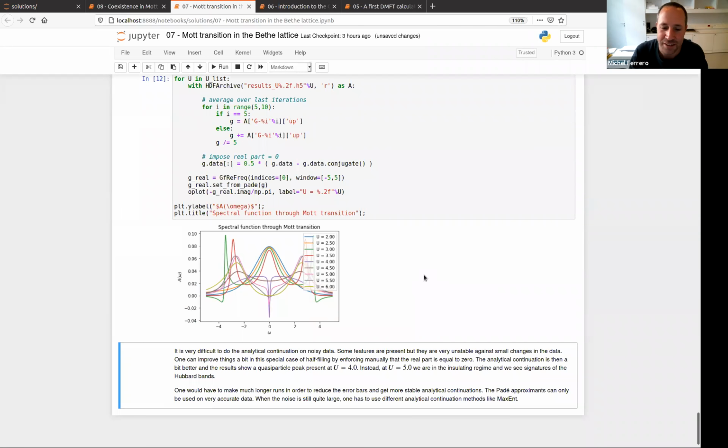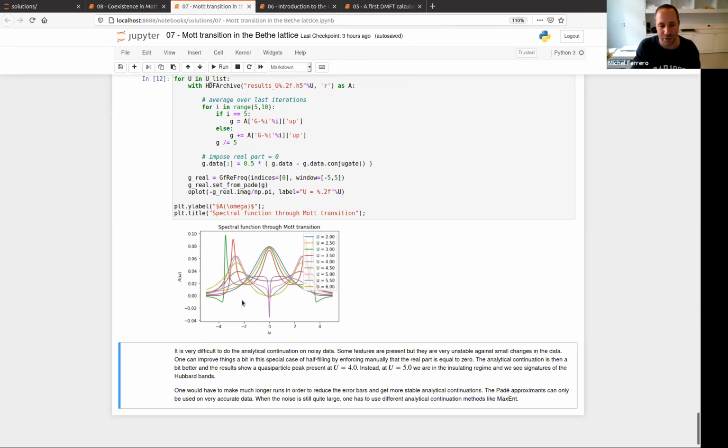I told you analytical continuation is something that is really difficult in practice and is not very stable, but sometimes it halfway works, and here it somehow works. At small values of U, you can still see that you have a peak. As U increases, it becomes more narrow, and then at some point, there's no peak anymore. But you see the Padé has a real hard time to describe what's happening at those energy scales correctly. And that's typical of Padé.